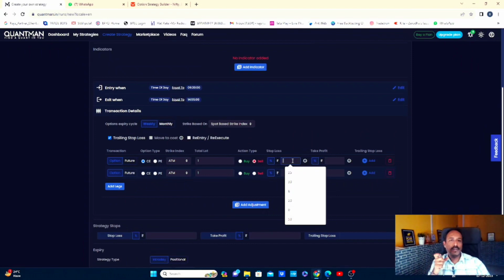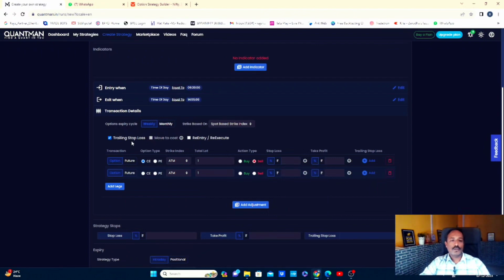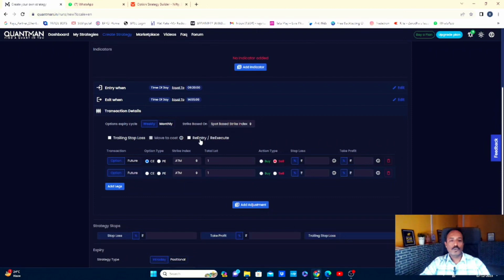If you keep 15% stop loss and move to cost, the move to cost option is there. Move to cost option is not here. So let us see. You can actually, in Algo test it is there. Move to cost. Okay, we can sell it. Let us keep some 50% stop loss on.